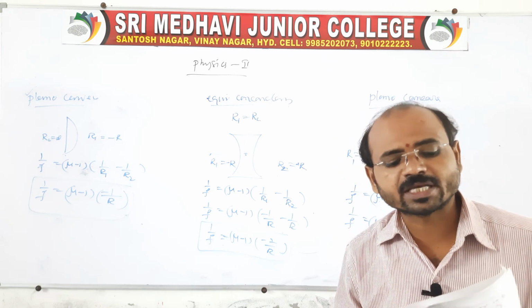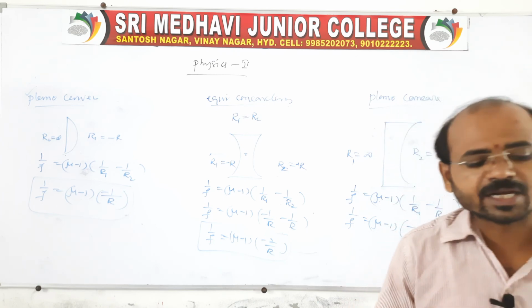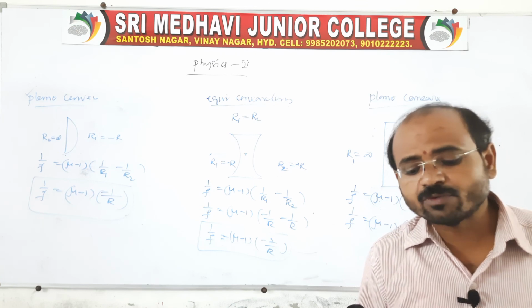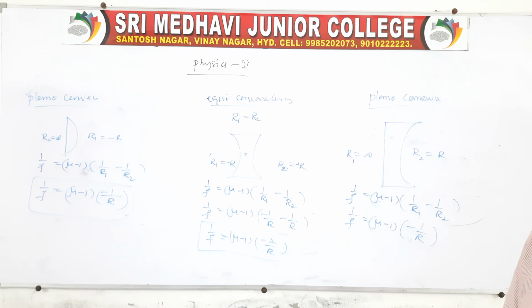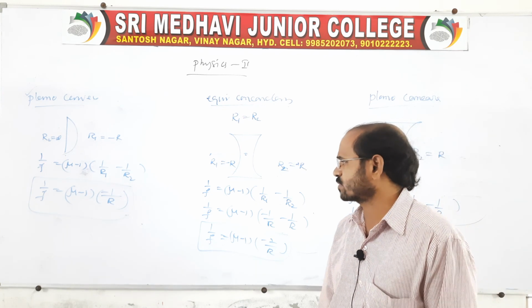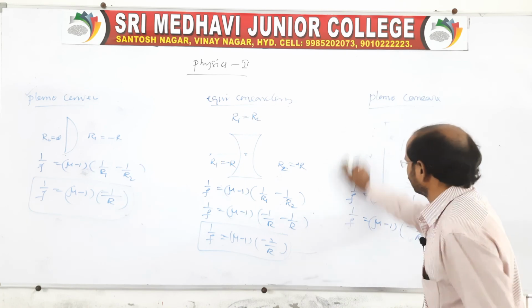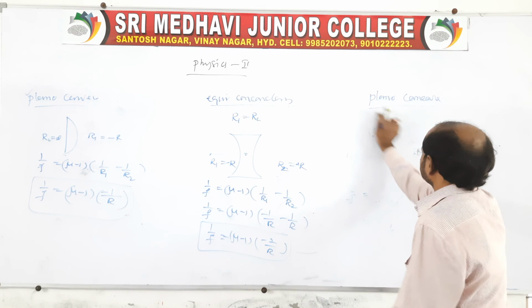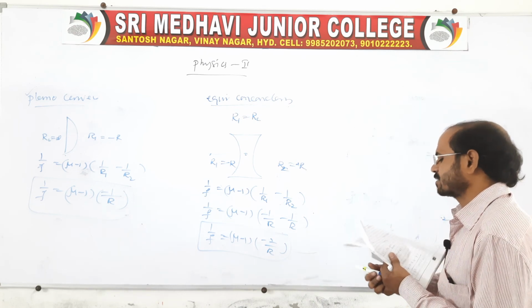For concavo convex, of course it is 1 by R1 minus 1 by R2 only, because there R1 is greater than R2. The formula will be the same, 1 by f is equal to mu minus 1 into 1 by R1 minus 1 by R2. I'll give you that diagram also, concavo convex. We can call it concavo convex, or also converging meniscus.